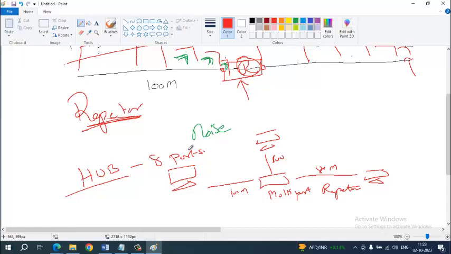A hub will regenerate the signal all the time, between a maximum of 8 devices, not more than that. It will get data in one port, detect the noise, and regenerate the signal to all other 7 ports.